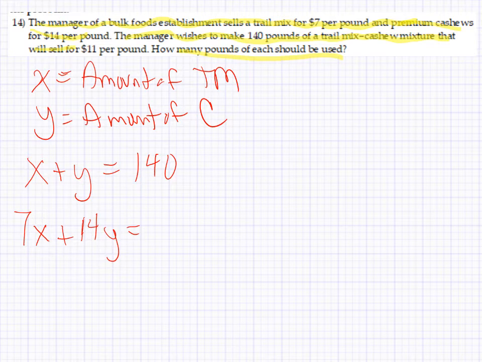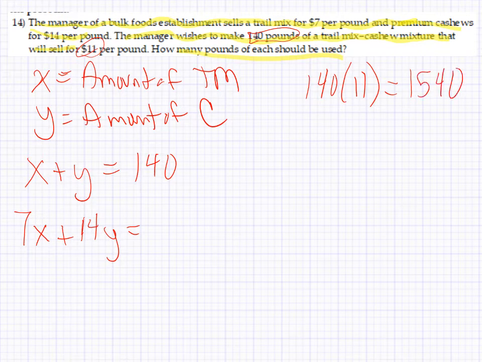Well, if we know we have 140 pounds in the end, and we know it's going to be $11 per pound, we can figure out the total amount of money that it will be at the end by doing the 140 times 11. And that comes out to 1,540. So the money equation in this case will sum up to a total of 1,540.